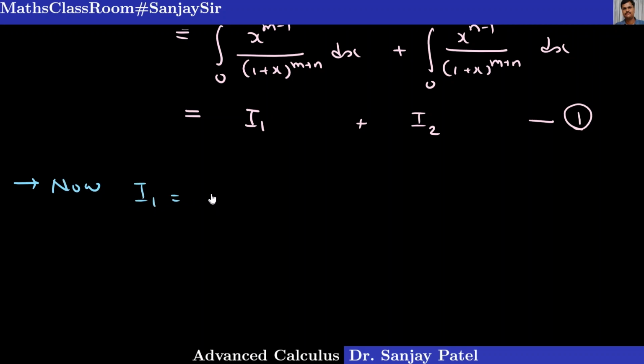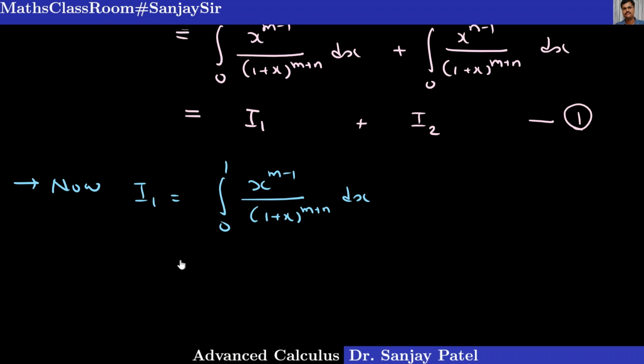I1 is integral 0 to 1 of x^(m-1) / (1+x)^(m+n) dx. Just keep in mind that I2 is also a similar thing, that is x^(n-1). Only one change is there in I2: instead of m minus 1, we have n minus 1 here.